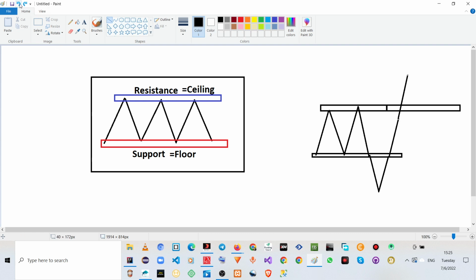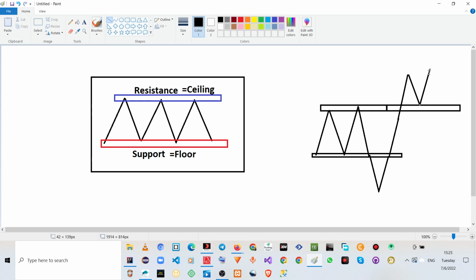This time it gets back to the resistance and reacts on top of the resistance, making it support, then taking the trade to the upside.